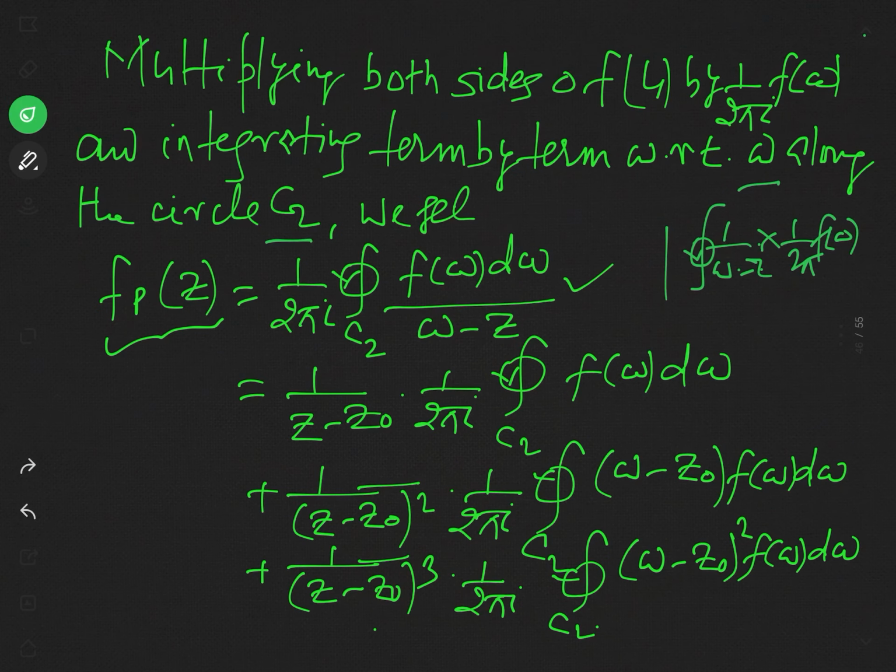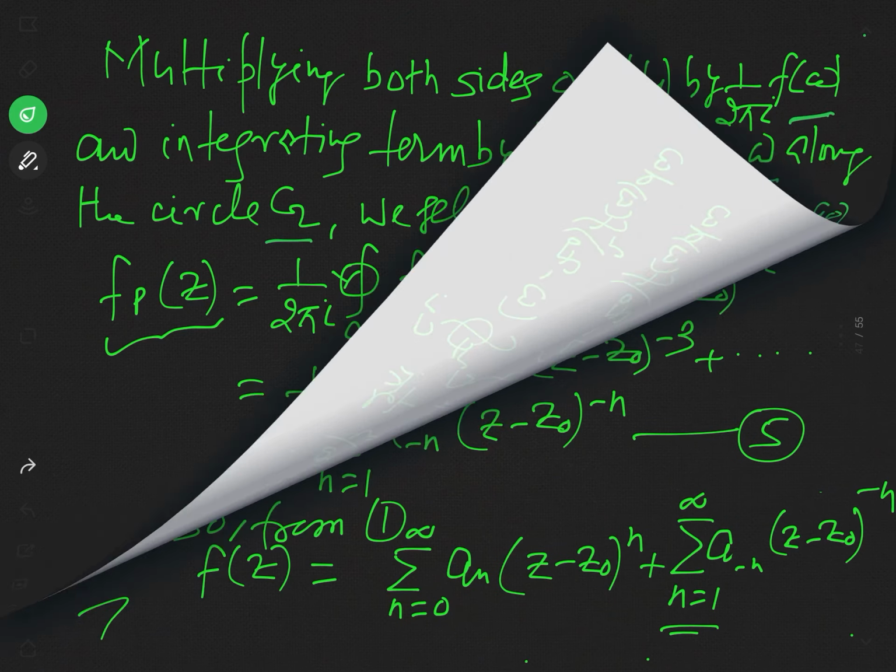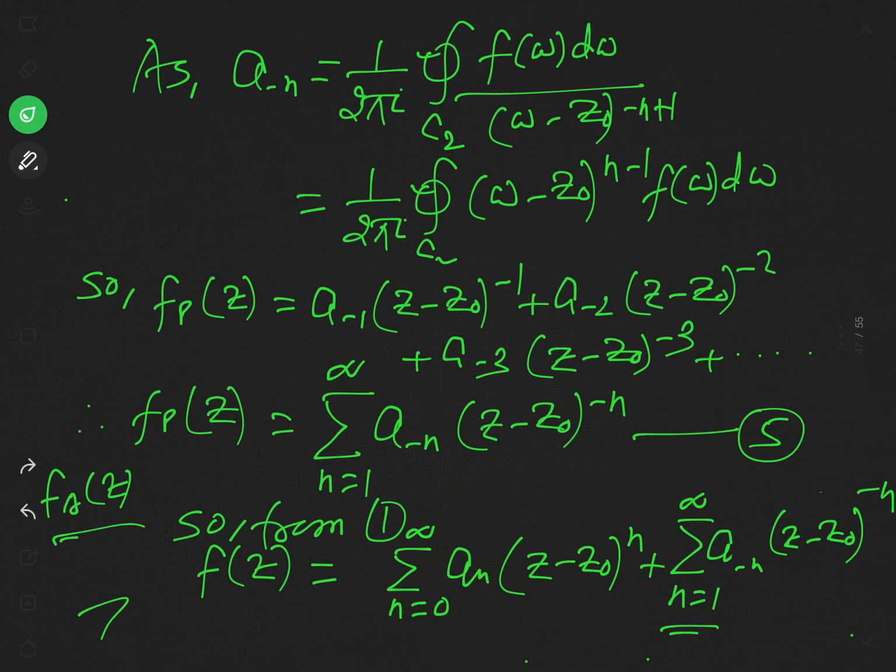Let us take this negative sign in LHS, and so we can write, first of all, f2 of z is equal to this much, and z minus z naught whole square will be actually the constant factor because we are integrating with respect to w. And so see these expressions, I have multiplied each term in RHS by this and integrated along the circle C2 in anti-clockwise sense with respect to w.